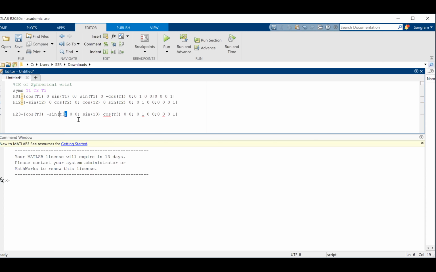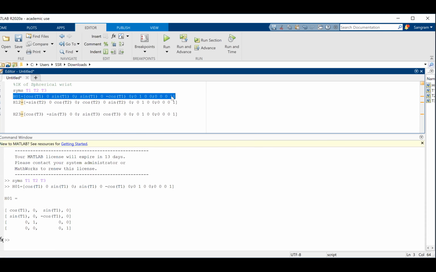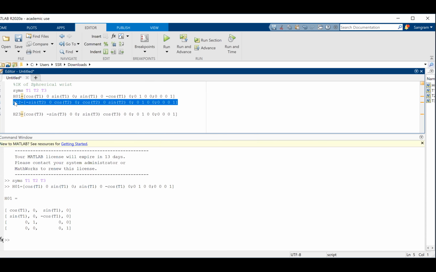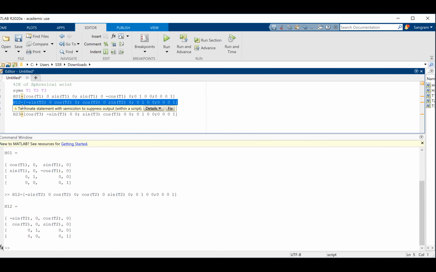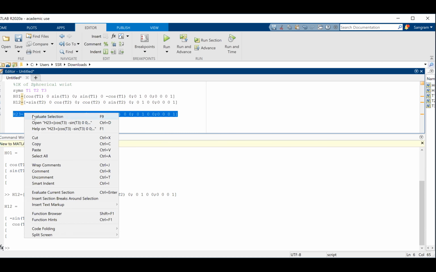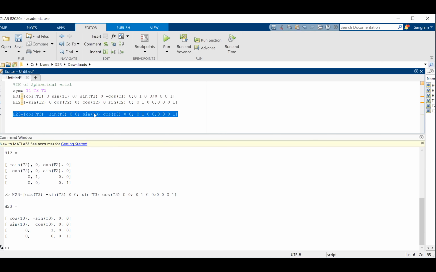So obviously this needs to be capital. So SYMS T1 T2 T3, H01, and check my H01 if it is same as what we derived, and it looks okay to me. H12 is sine cosine sine 0 1, and H23 cosine sine and cosine.